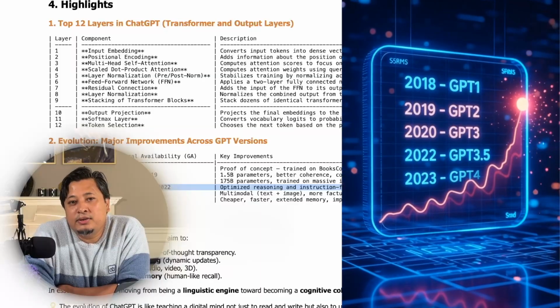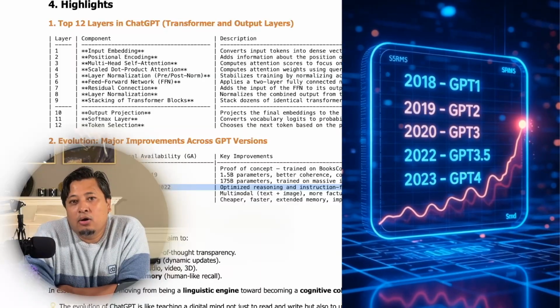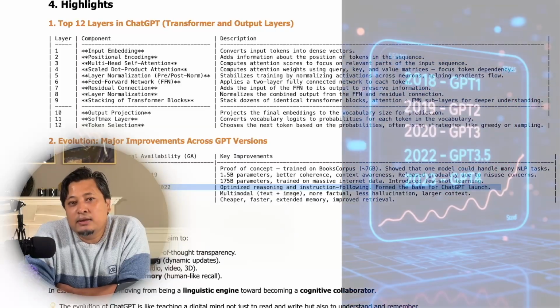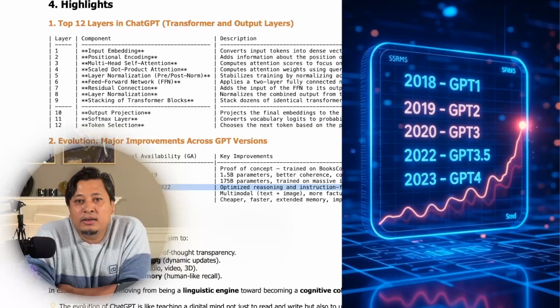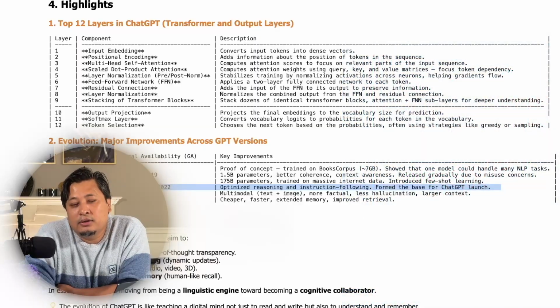In late 2022, GPT Model 3.5 was introduced with optimized reasoning and instruction following. This is when ChatGPT became widely popular and gained millions of users within a few days. Today, ChatGPT has roughly 125 million active users per day and around 800 million active users per week.